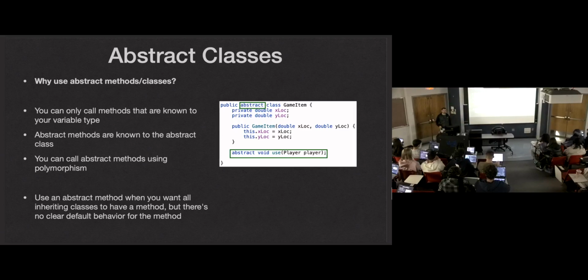I like to do that quite often in my code. What that does is gives you the protection to say nobody can instantiate this class directly. In this case, even if I had good default behavior for the use method and I didn't want any abstract methods, I would still make game item abstract because I don't want to accidentally create an object of type game item. When I have my game, everything's built out, players are having fun.